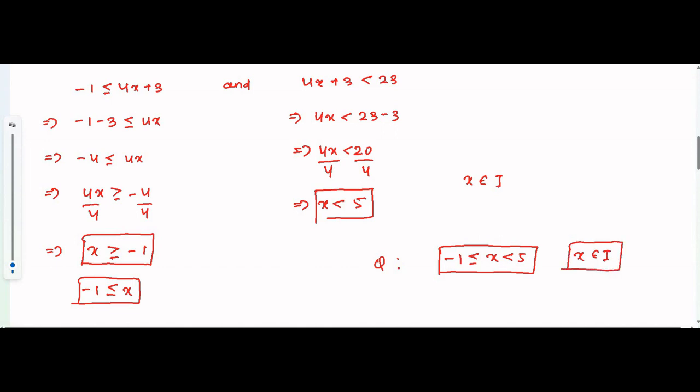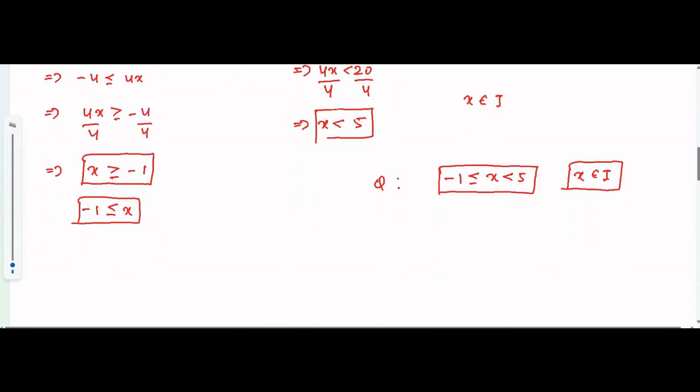Now if we plot the solution on the number line, x is greater than or equal to minus 1 but lesser than 5.